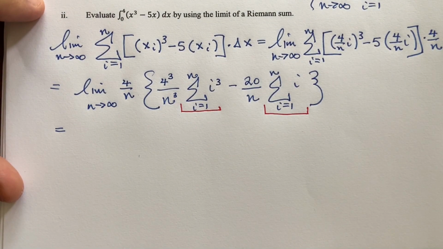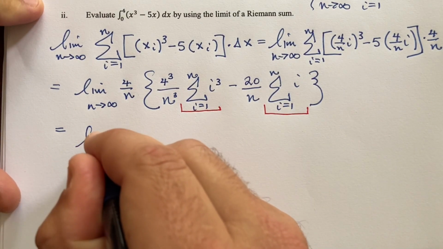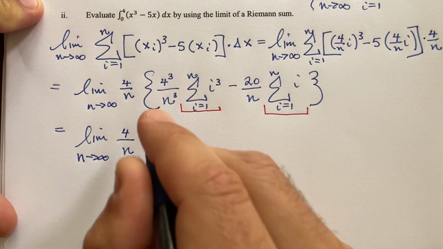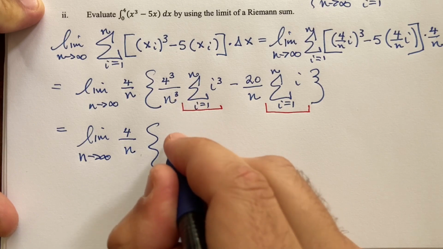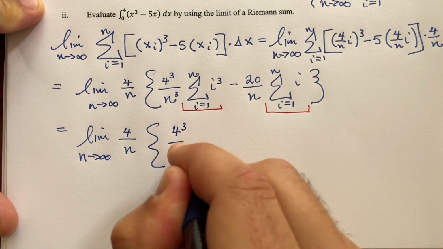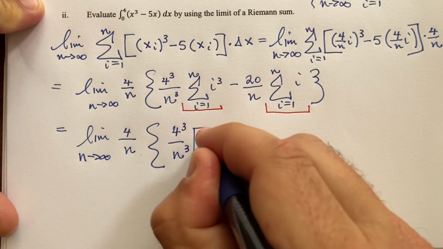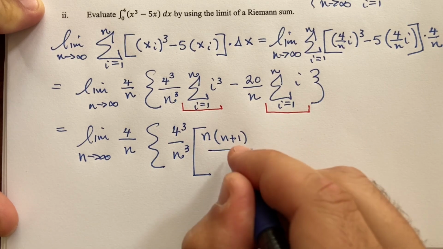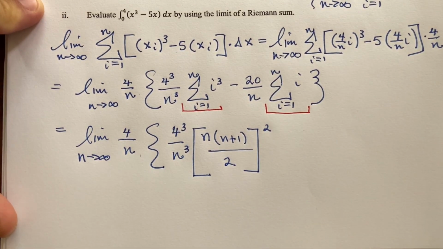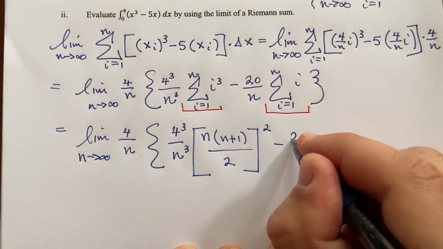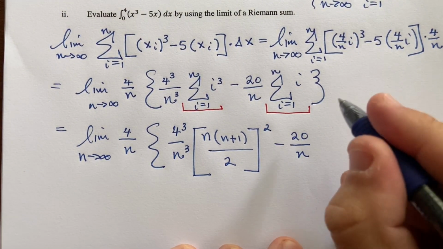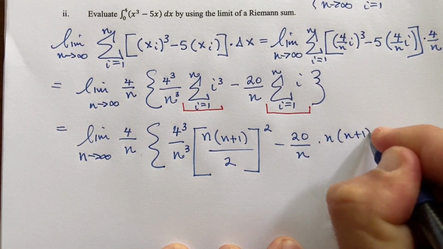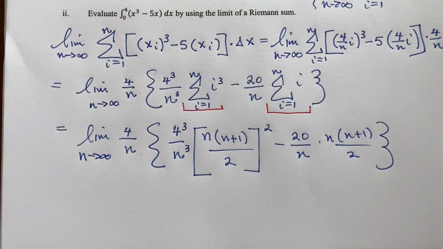So going ahead and doing that now, we'll have the limit as n goes to infinity of 4 over n, braces, and then we'll have this 4 cubed still, over n cubed, and then the formula for the sum of i cubed is n times n plus 1 all over 2, but then all squared, minus, still have that 20 over n. And then the formula for the sum of i is n times n plus 1 all over 2. And then end those braces.